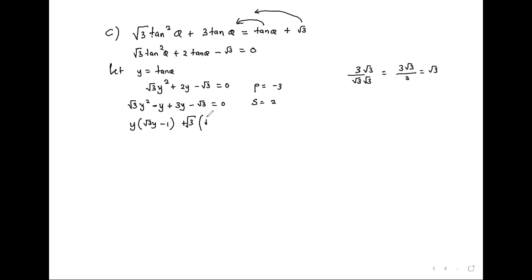So this is root 3 y and then minus 1. So you say y plus root 3 and root 3 y minus 1 is 0. So y is minus root 3 and y is 1 over root 3.